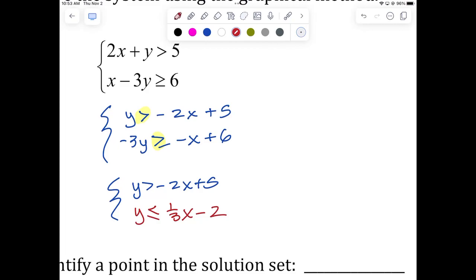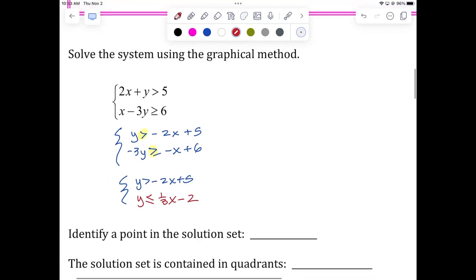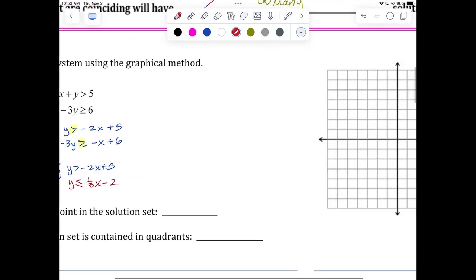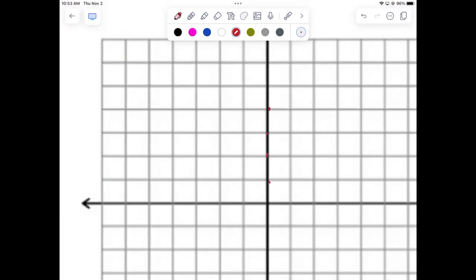Okay, let's review how to sketch inequalities compared to equations. First of all, we're going to need the graph of the equation negative 2x plus 5. So we're going to go up to 5, and we're going to go down 1 right 1. Go up to 5: 1, 2, 3, 4, 5. There's the dot, and we go down 1, right 1. Let's get a couple more.